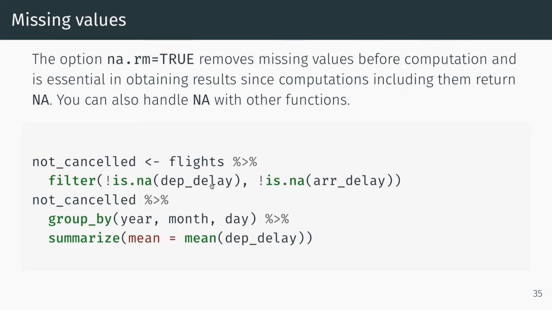The canceled flights have no departure delay and no arrival delay, so those are not canceled flights. Then we can do things like grouping by year, month, and day, summarizing by mean. That gives us an average delay per day.